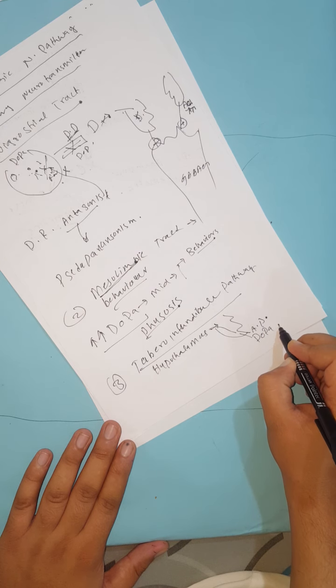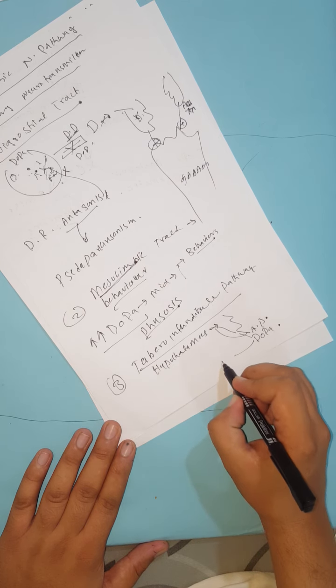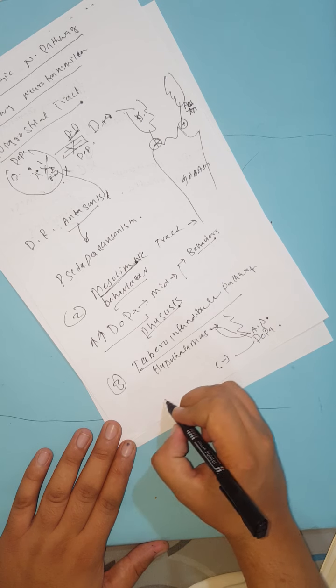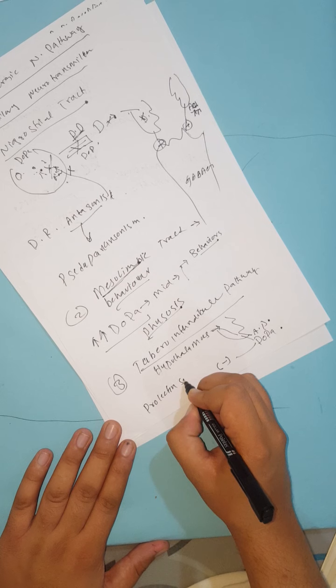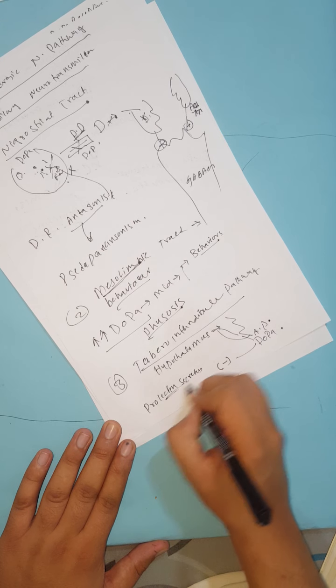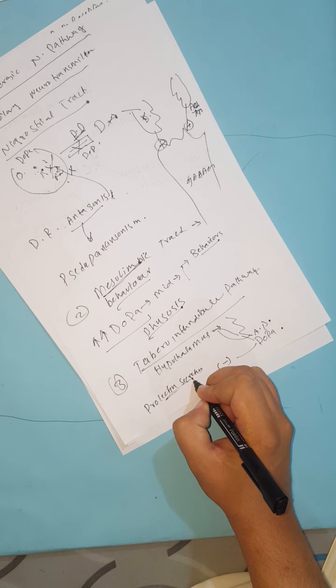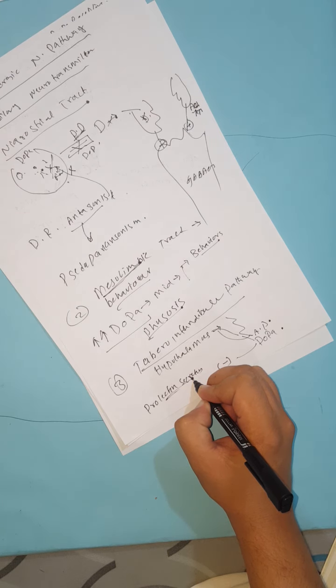This dopamine inhibits prolactin secretion from the anterior pituitary, so this decreases the prolactin secretion. Dopamine agonists are used in hyperprolactinemia.